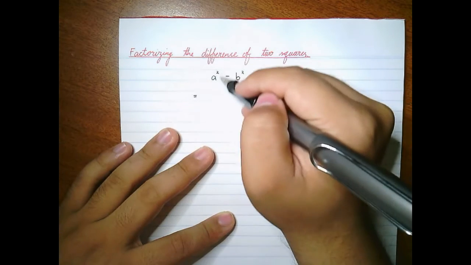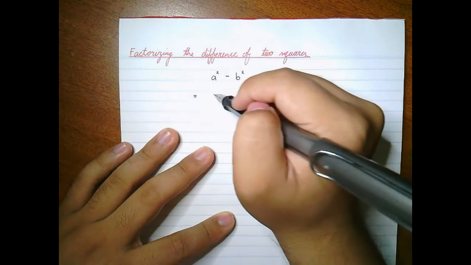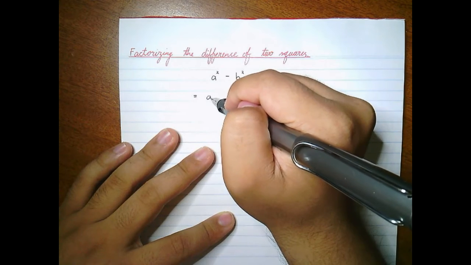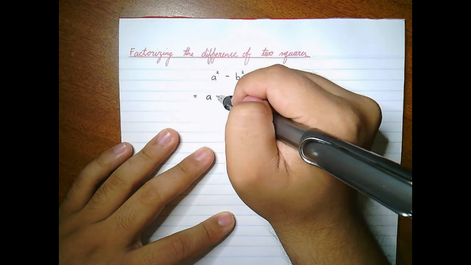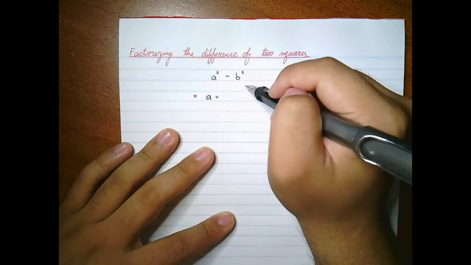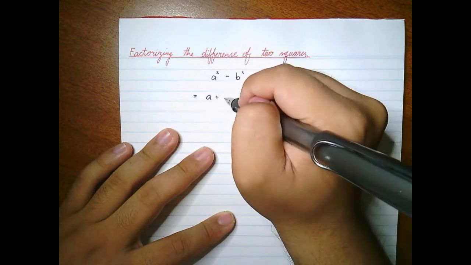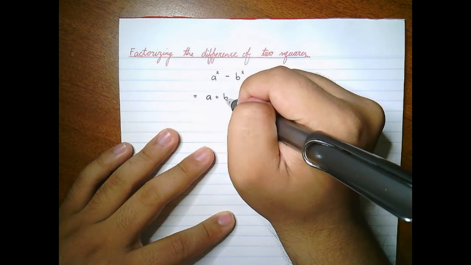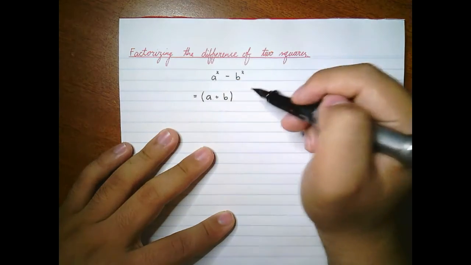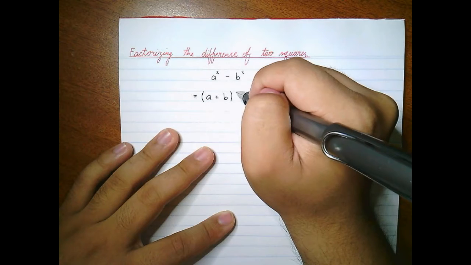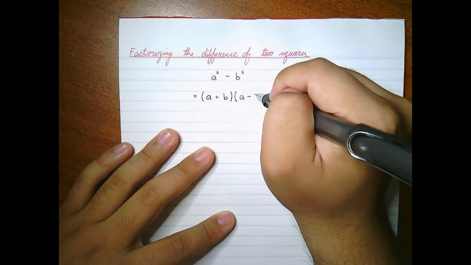The square root of a squared is a, and then we add the square root of the second term, b squared, which is b, and we put that in one group. We take the exact same group, except it's a minus.